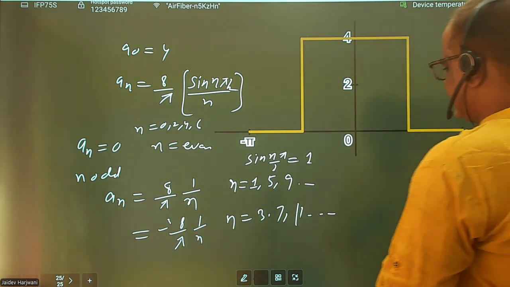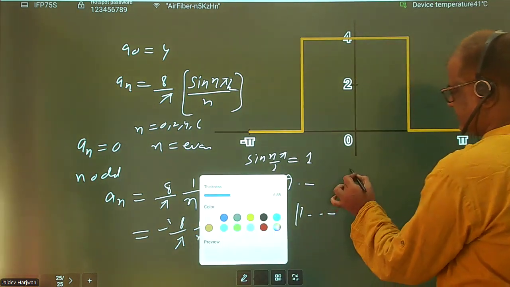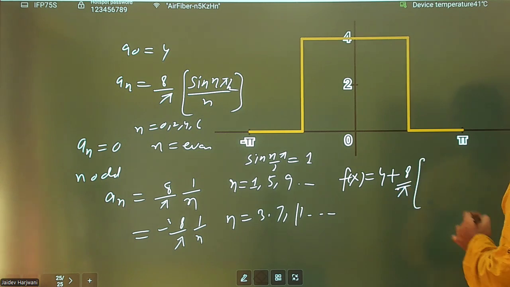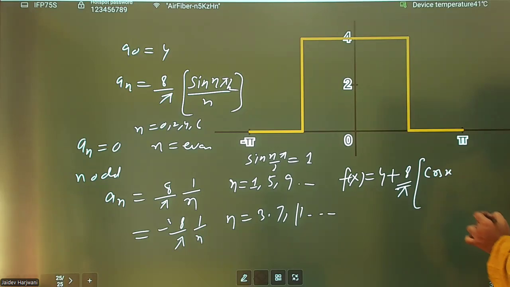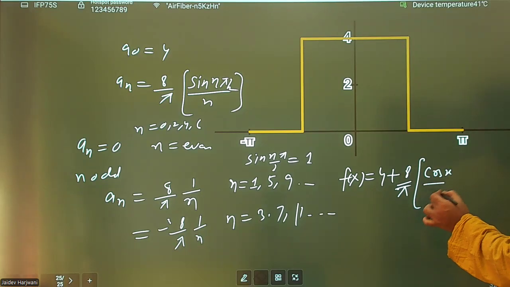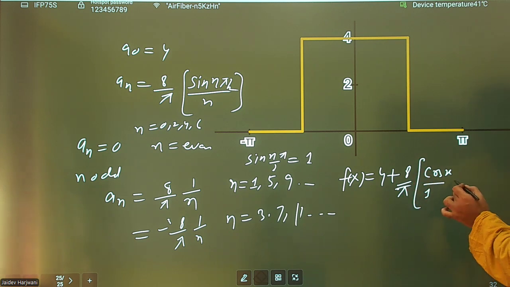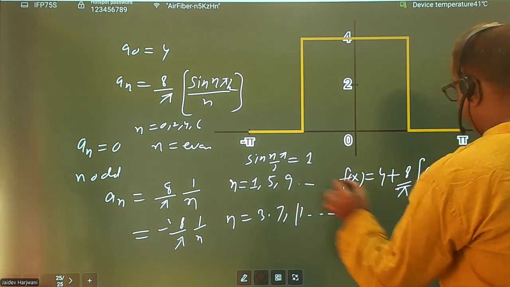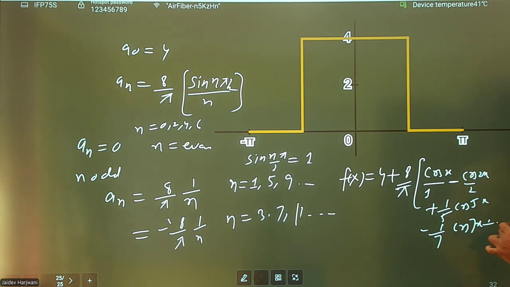Okay, so now I can write my series. My series will become f(x) equals 4 plus 8 upon pi times: the first term is positive, cos x; the second term is negative, so 8 by pi is already there, so this will become minus 1 by 3 cos of 3x; the third term is plus 1 by 5 cos of 5x; the fourth term is negative, cos 7x, and so on.